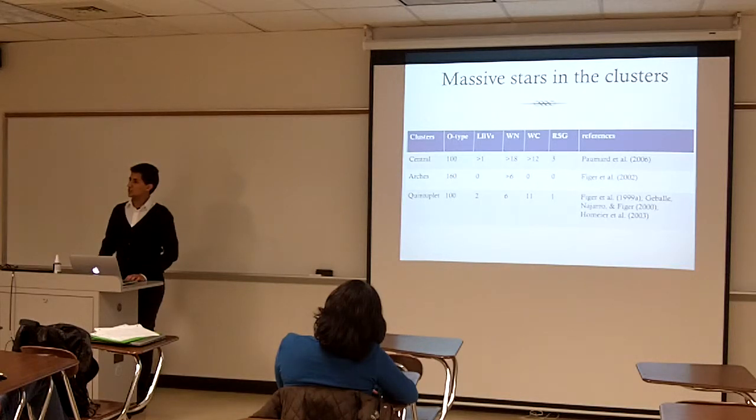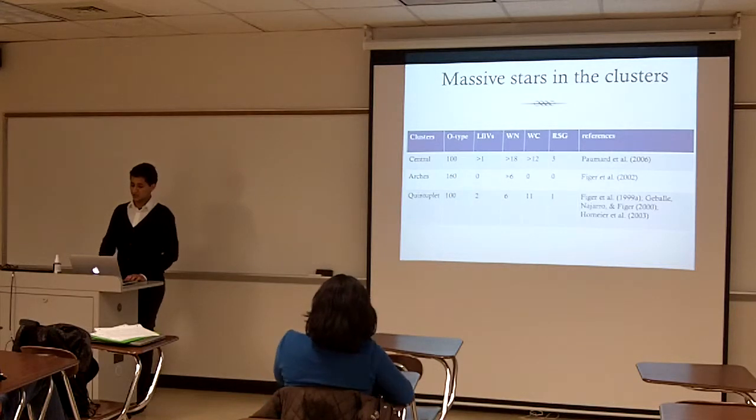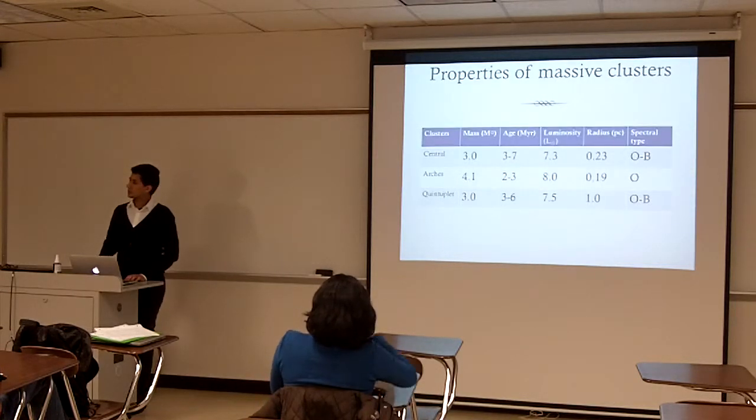So each star has a different age, but all between 2 to 3 in each cluster. For the edges, as I said, it's from 2 to 3, and for the central, it's less than that.